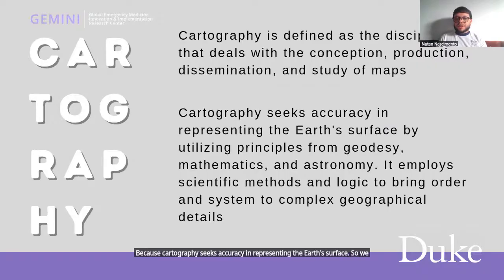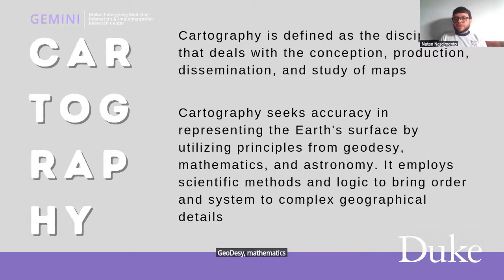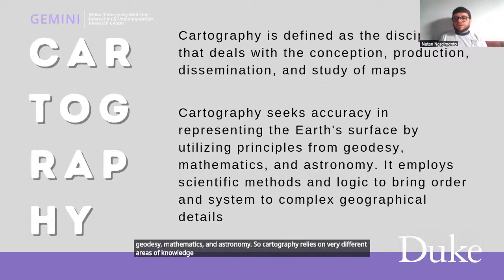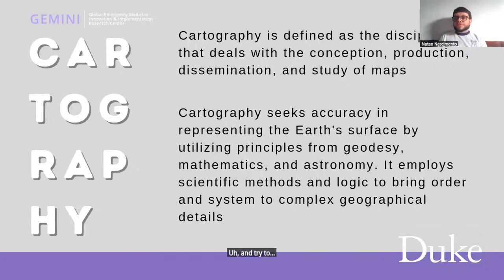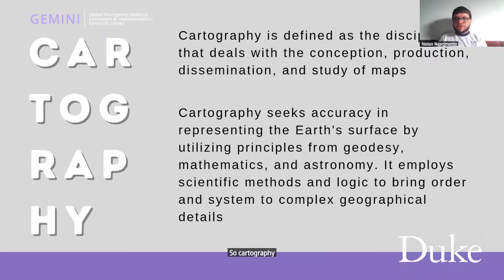So we're going to utilize principles from geodesy, mathematics, and astronomy. So cartography relies on very different areas of knowledge to create something that is simple for us to understand, and try to summarize a complex knowledge that is mapping and geography in a way. So cartography must be understood as this accurate representing of Earth's surface.